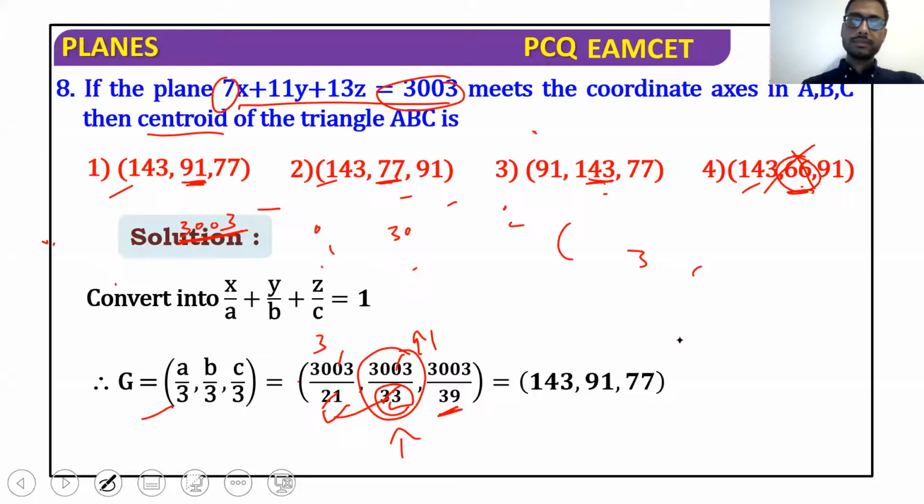Okay, so let me know if you have any doubts up till this question number 8. Is there any doubt up to this point? Anyone?